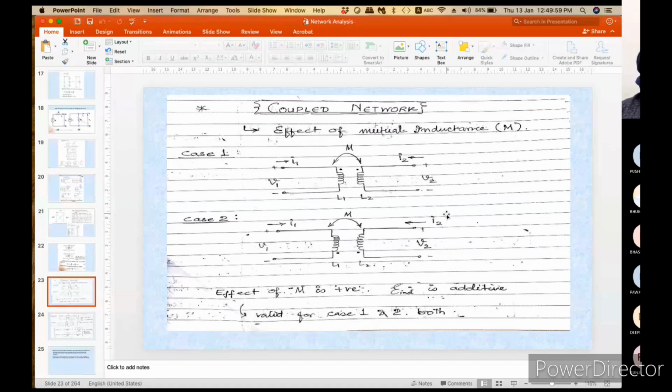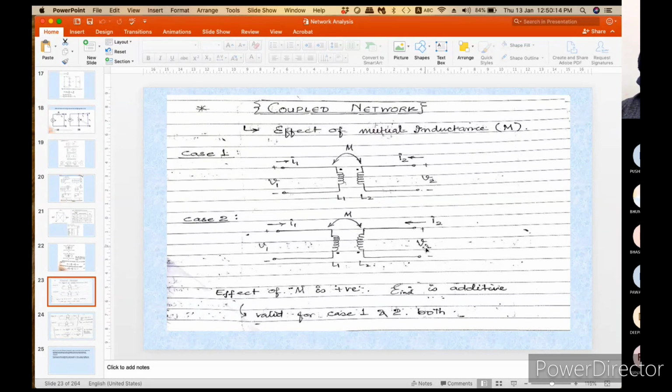And also the direction of current, whether it is going away or whether it is coming in from both the sides and all that. And from that direction, ultimately the sign of that mutual inductance will be decided.